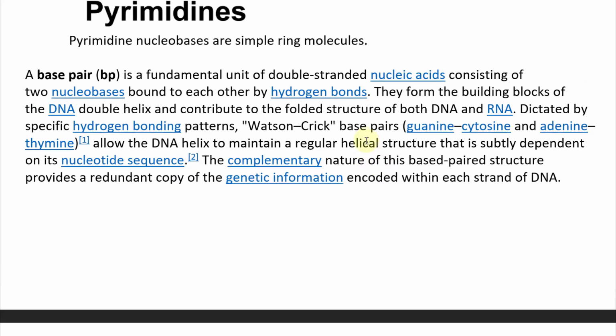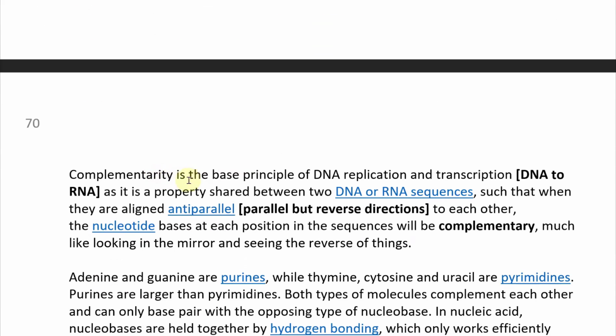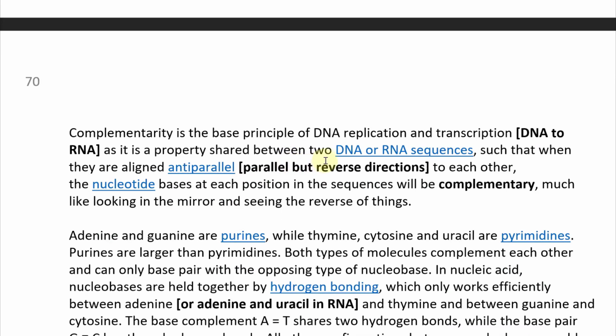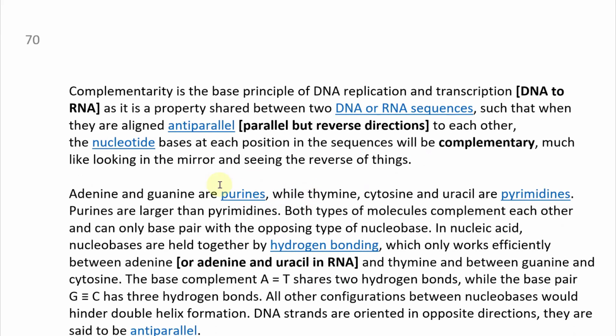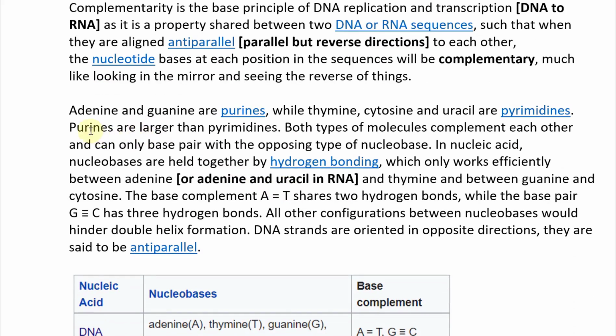And complementarity is the base principle of DNA replication and transcription, in other words, DNA to RNA, as it is a property shared between two DNA or RNA sequences, such that when they are aligned anti-parallel, or parallel but in reverse directions to each other, the nucleotide bases at each position in the sequences will be complementary, much like looking in the mirror and seeing the reverse of things. In other words, you're seeing the same thing, but in the opposite direction. So they're complements of each other, the two strands. And we'll illustrate that further.